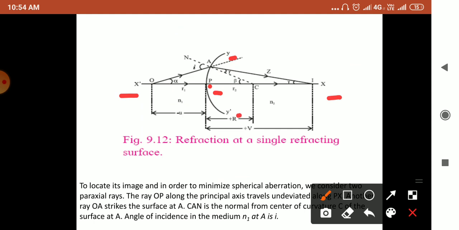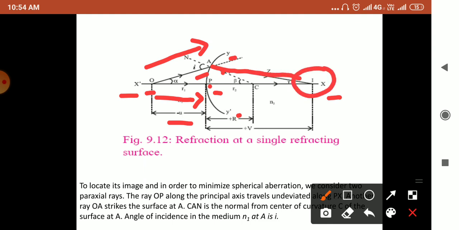This gives an incident ray which is undeviated along OP, at a distance minus u from object O to P, that is the pole, and another incident ray, which is deviating along OA, making angle of incidence i with the normal, and deviating inside that curved surface and meeting the principal axis.